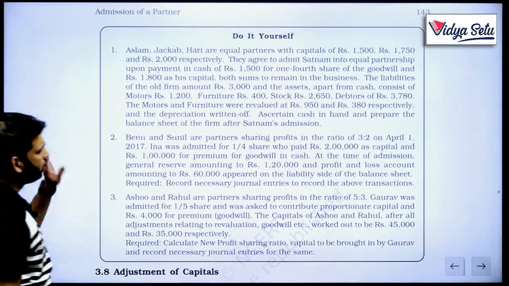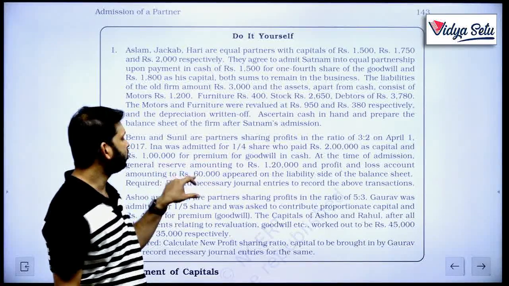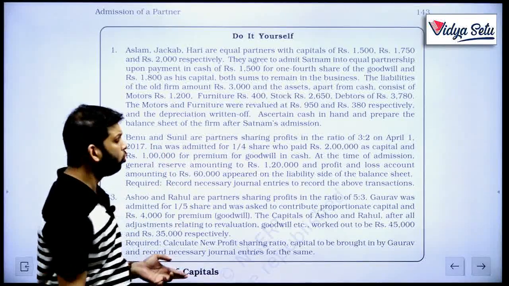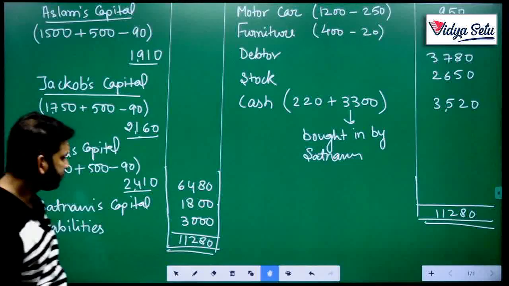So what we need to do before admitting her, these two things, general reserve and credit balance of P&L account, needs to be given to the old partners in the old ratio, because this belongs to the old partners. So let's see.